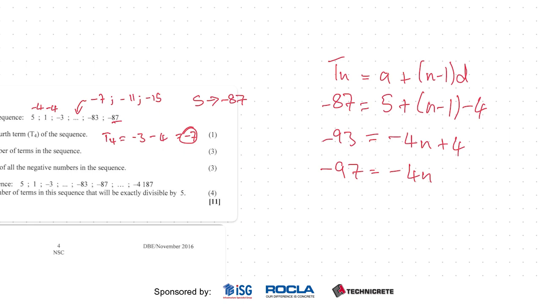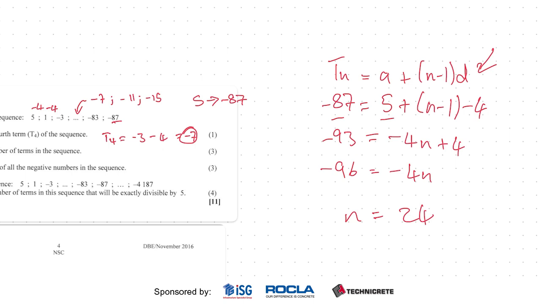Oh, it's supposed to be 96, not 97. I just did my math wrong there. Then we divide both sides, and we get n equals 24. So there are 24 terms. If you know what the last term is and what the first term is, you can use this formula to find the number of terms in the sequence.